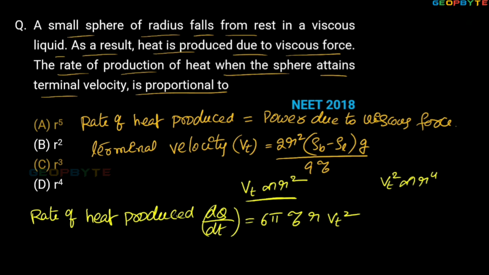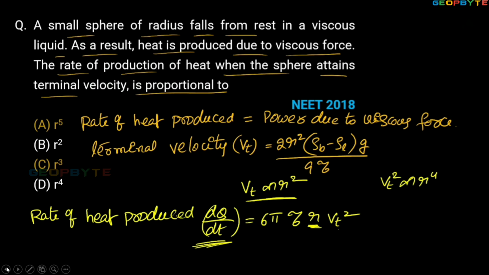Here dq by dt, the rate of heat produced, is proportional to r into vt square, because the other quantities 6, pi and viscosity are constant.